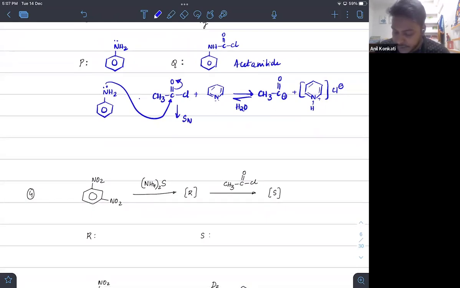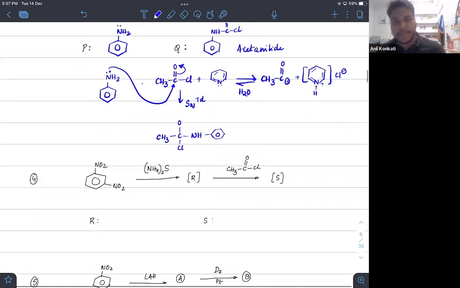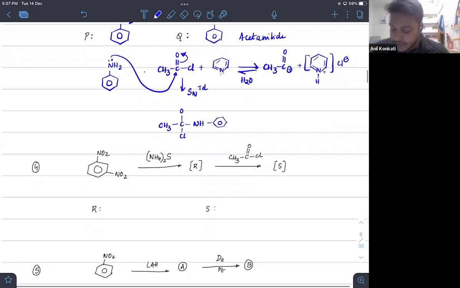This will go via SNTD mechanism. We'll have CH3, CO minus, Cl. Let me write the Cl side here with NH and this group. Okay? Here. And this minus will again close at double bond, and this is a leaving group, so it will leave with H plus, correct?